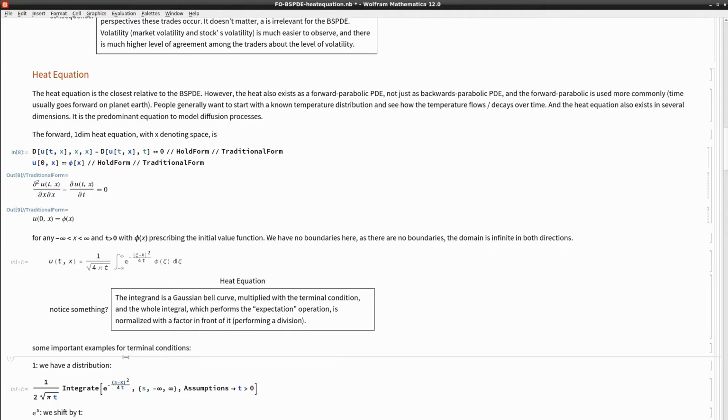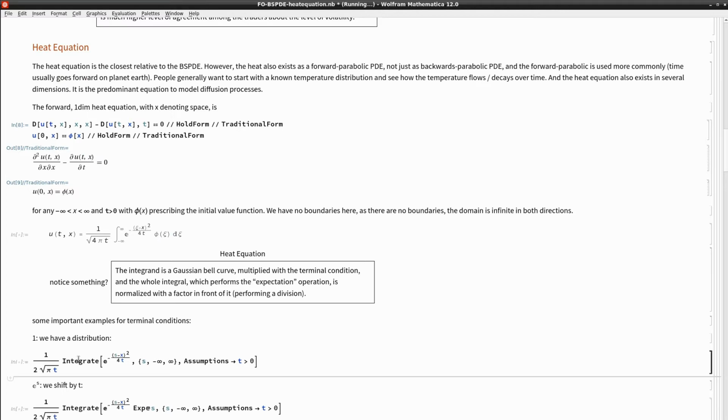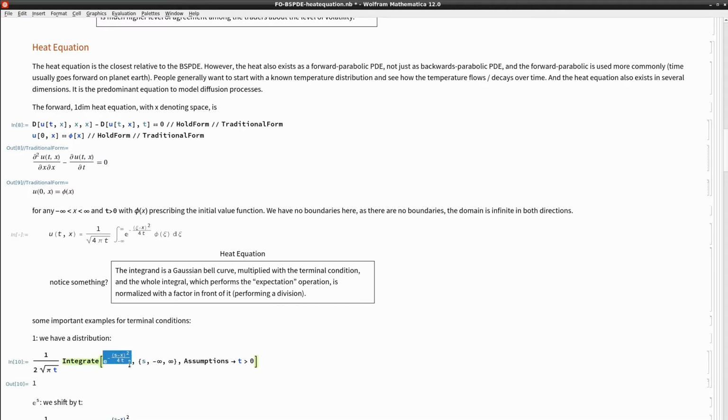So in this case, let's just leave out the payout profile, or the initial condition, or the terminal condition. And when we're integrating this, then we're just integrating the Gaussian-Bell integrand and we get 1, which actually means we have a distribution, and this is the normal distribution, right?